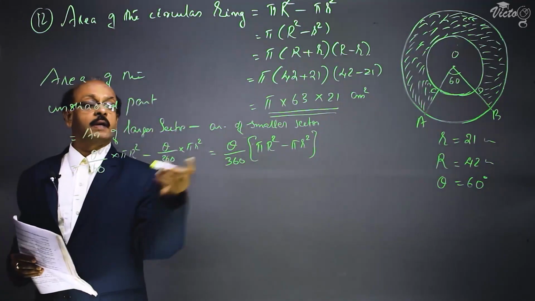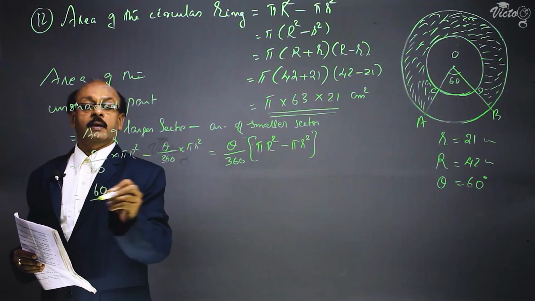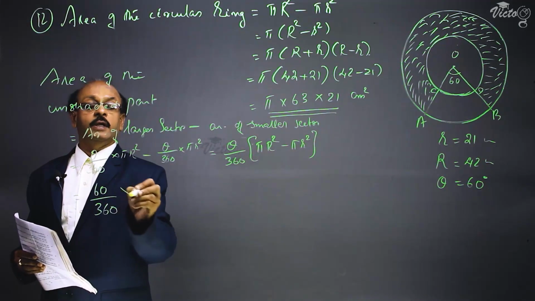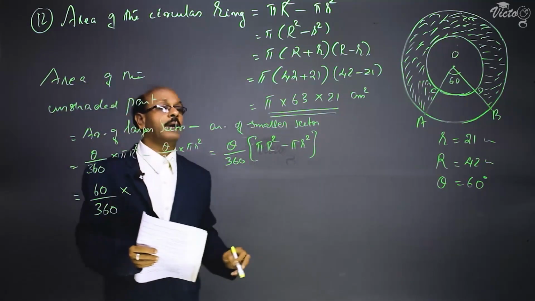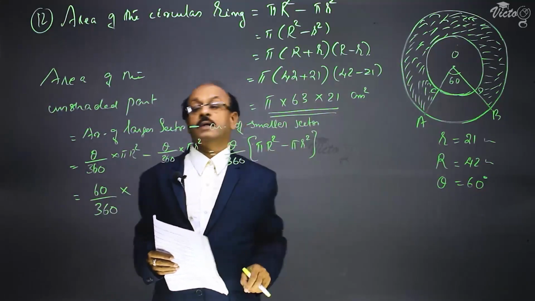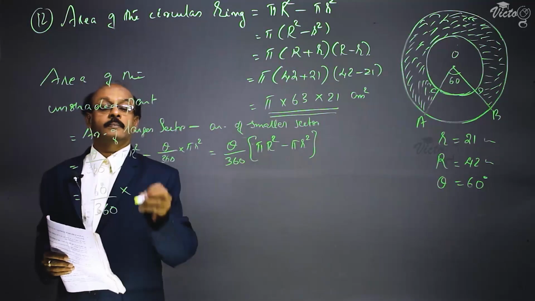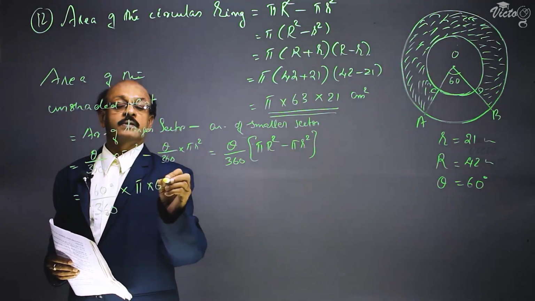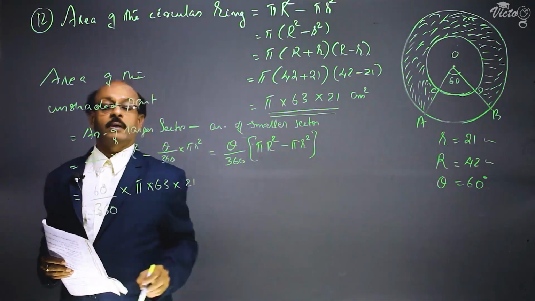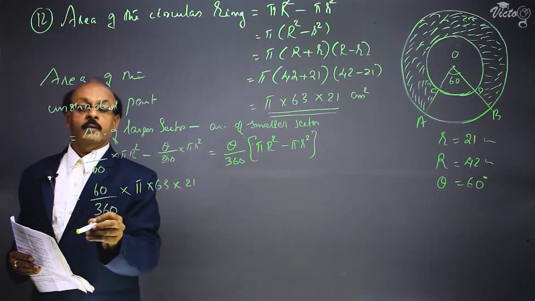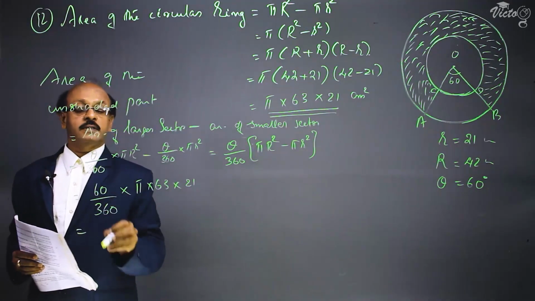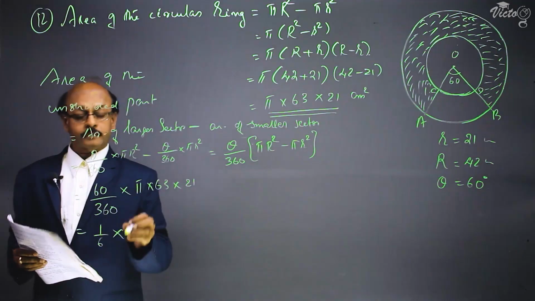The value of theta is 60 degree divided by 360 into the value of pi R square minus pi small r square, which is pi into 63 into 21. 60 divided by 360 is equal to 1 by 6.